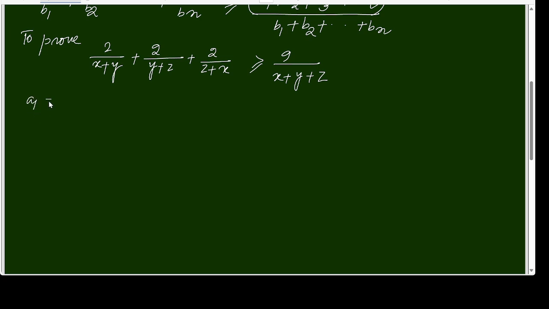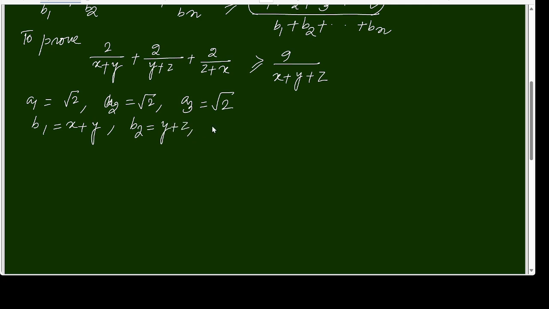Let's take a1 equals square root 2, a2 equals square root 2, a3 is also square root 2, and b1 as x plus y, b2 equals y plus z, and b3 equals z plus x.